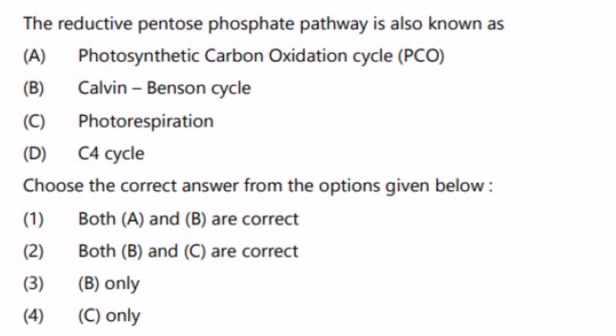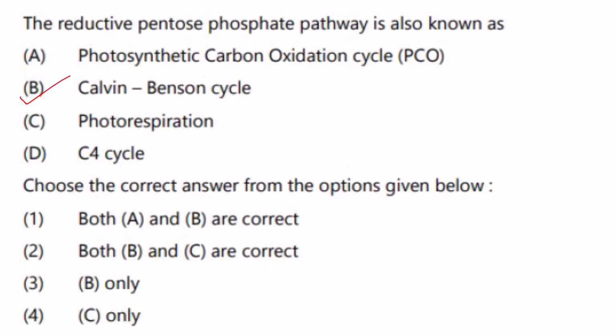Then next one, the reductive pentose phosphate pathway is also called the Calvin-Benson cycle, and it is a biochemical pathway for the fixation of carbon dioxide into organic molecules. It uses energy from ATP and NADPH, which are produced in the light dependent reaction.